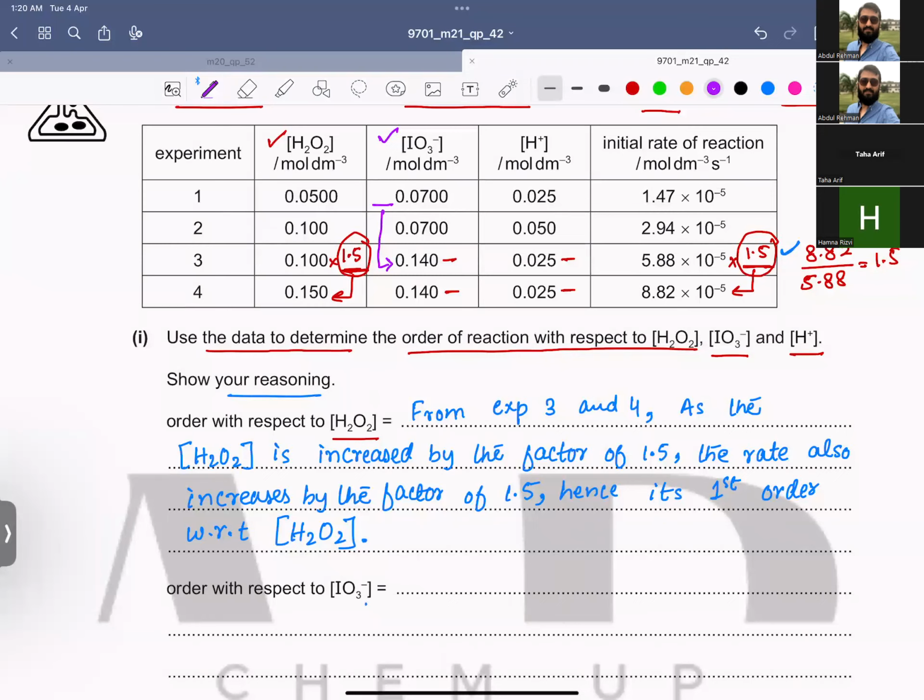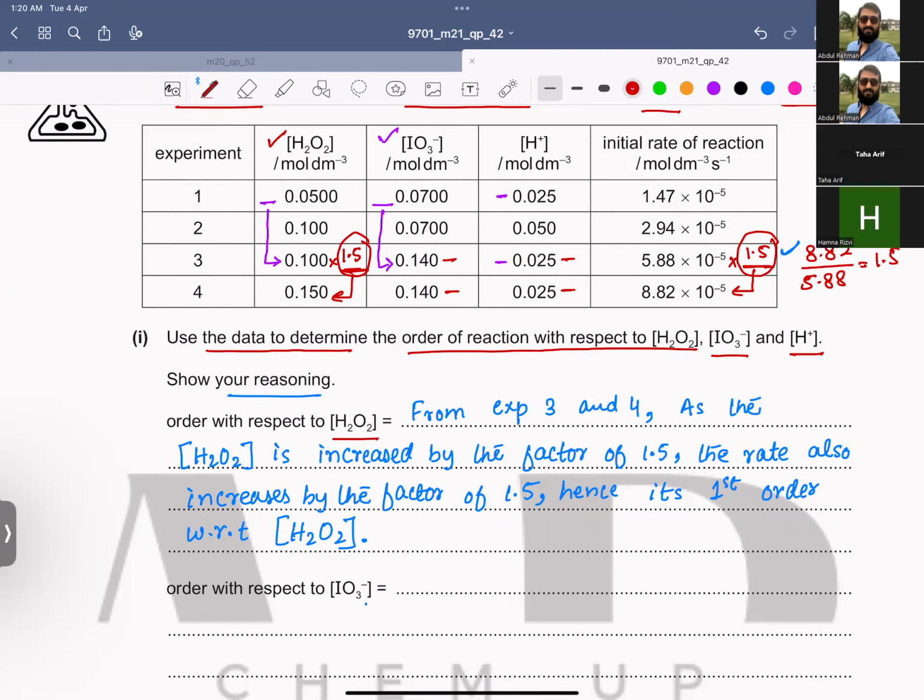Why is that? Because here the concentration of hydrogen ion is constant, but the concentration of H2O2 is also changing. But now I am aware of the order of H2O2, so if it is changing, it does not affect my results.